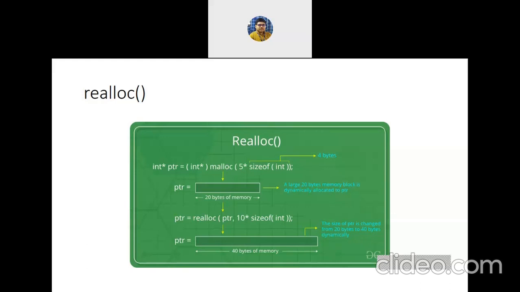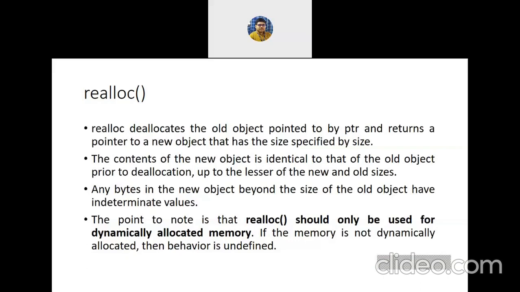Next question is how it will allocate the memory. The answer is, that is your doubt, it basically deallocates the previous memory. Fine. So that means the previously allocated 20 bytes get deallocated. Again, it will allocate memory for 40 bytes. And the data that is already stored in that 20 bytes of memory is just copied into the newly allocated memory, that is 40 bytes.